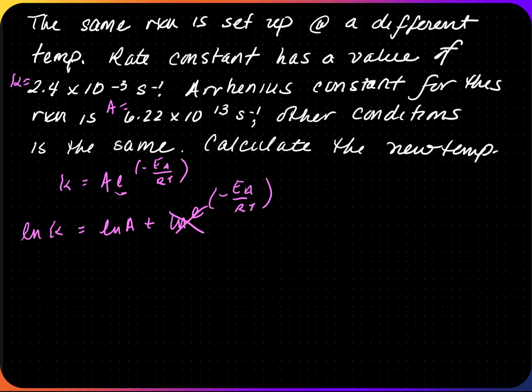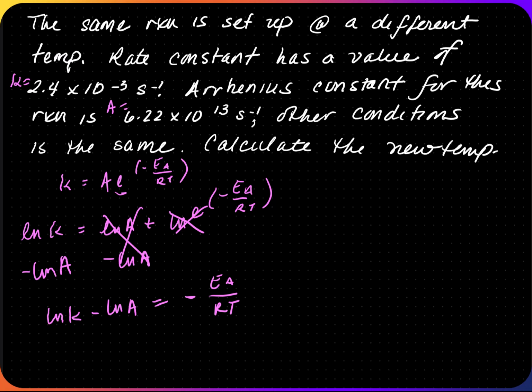So this cancels out. I need to rearrange this by moving ln A to the opposite side because we're isolating for T. So I need to subtract ln A on both sides. If I simplify the equation, this becomes ln K minus ln A equals, this canceled out, minus EA over RT.